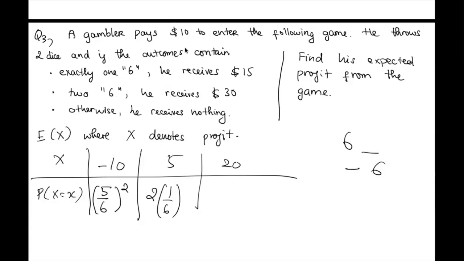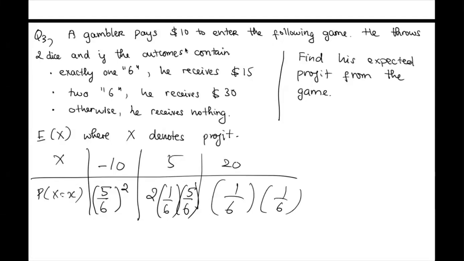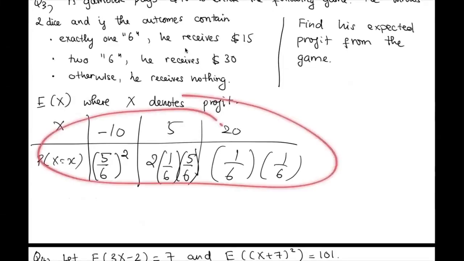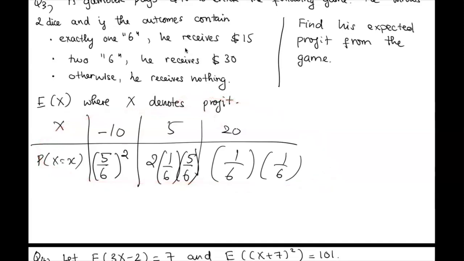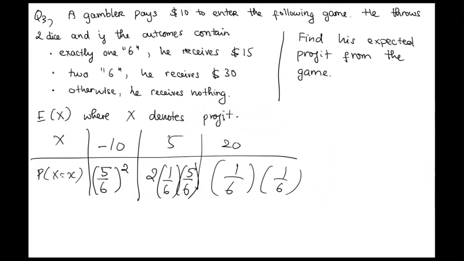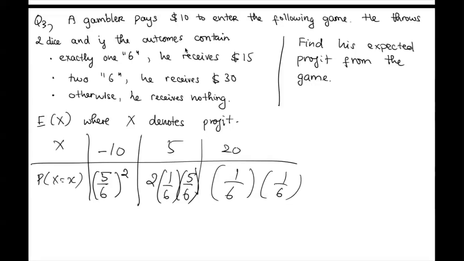And then the remaining position would be any number from 1 to 5. He got profit of $20 when he got two 6s, which is just 1/6 times 1/6. So these are the probability mass function for the random variable that denotes the profit that he got from the game. We want to find expected value of X.